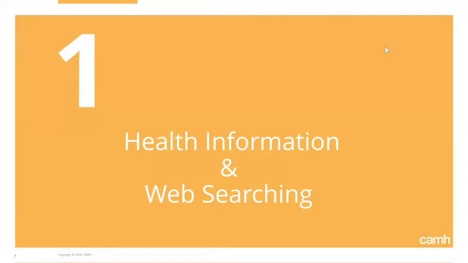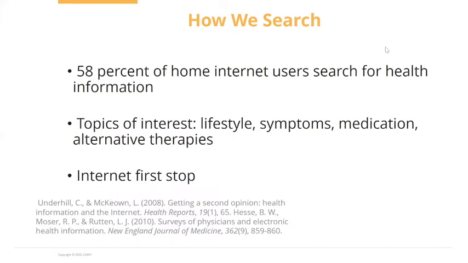So as we know, there's a lot of information on the internet, and there's a lot of health information on the internet. Although this is an older citation, I do like it because it is specific to Canada. It's very common for home internet users to use the internet to look up health information. It's a wide range of topics that we look up.